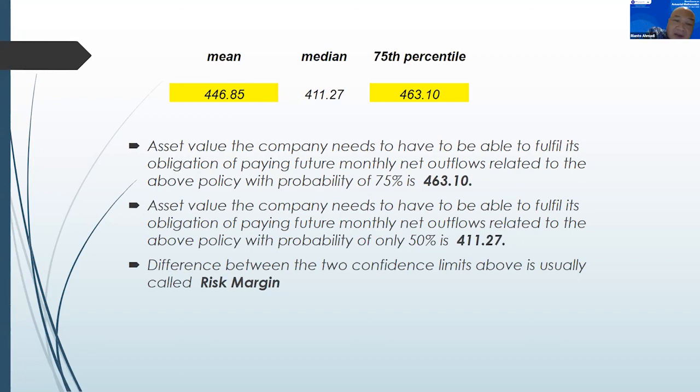But additional to that reserve, there is what they call a capital requirement. If you look at the balance sheet, you have the asset of the company, and you have also the liability, the reserve basically, the aggregate reserve. The aggregate reserve can be associated with the 75th percentile of the present value of future net outflow random variable.